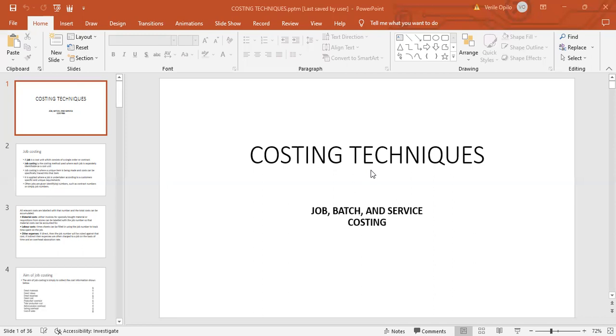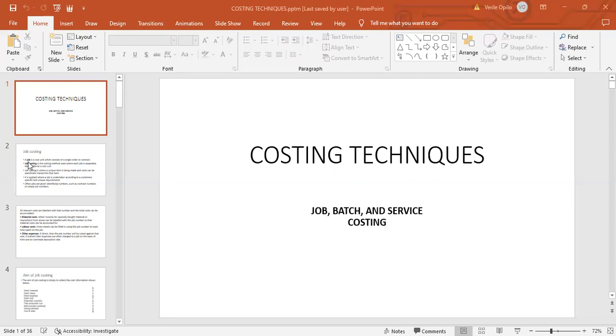So costing techniques generally refer to those methods, those approaches that businesses use in order to compute how much in total they have spent in order to produce a product or to offer a service to their customers. And we shall be looking at each of the techniques to see how they are used by the business and also to compute the cost of producing units or products in the company.